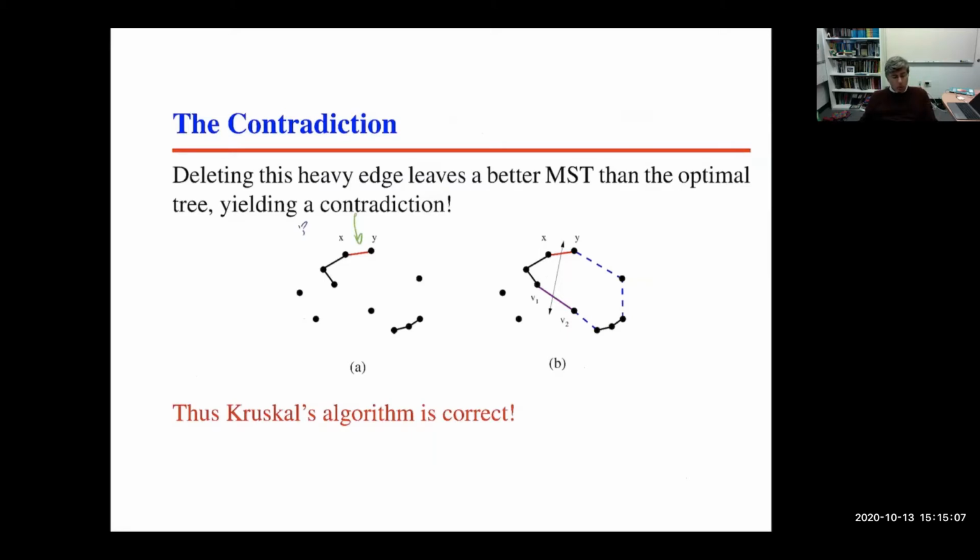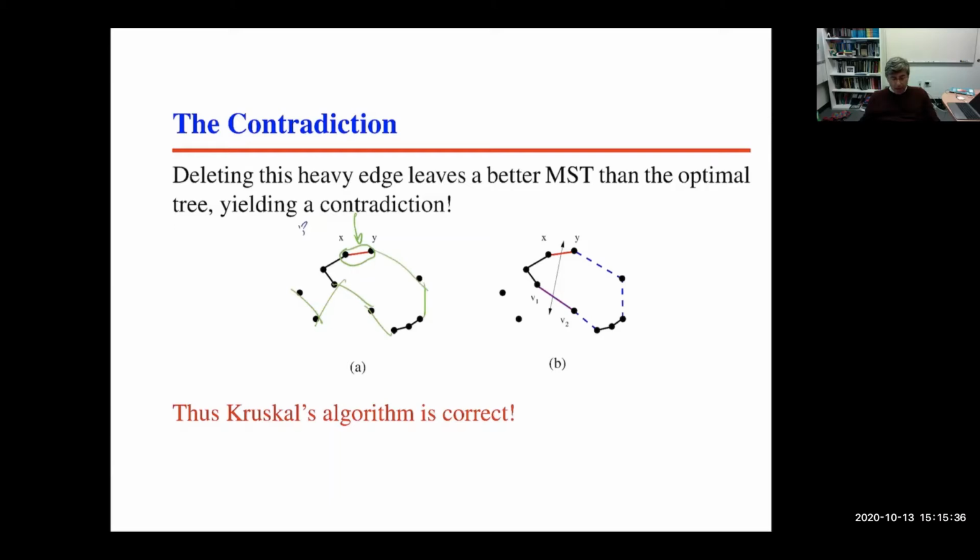I'm going to say, oh yeah? I'm going to take that edge, set it aside, and then ask you to show me a better spanning tree. And you're going to say, yes, this was the minimum spanning tree, or something like that. And what do I know? If I now add back the edge you rejected, it will create a cycle.